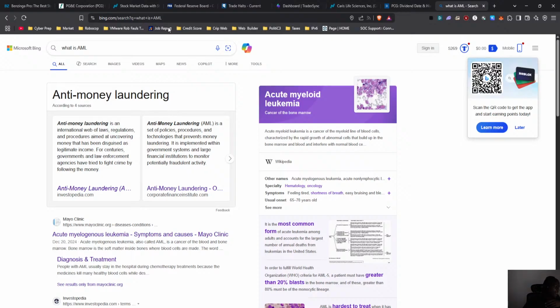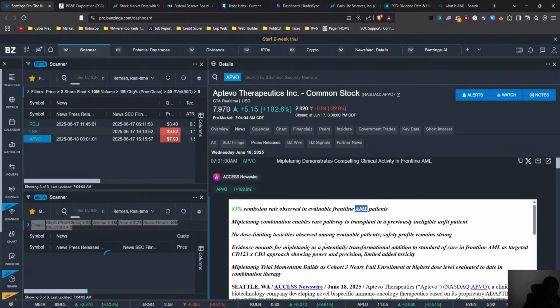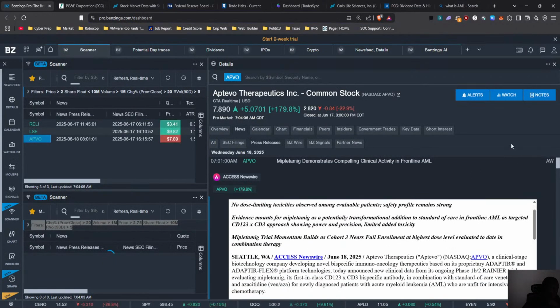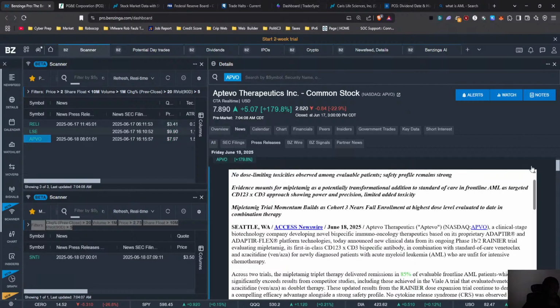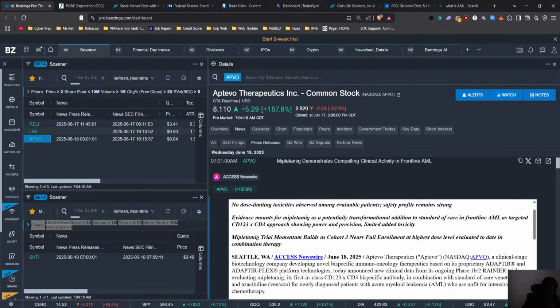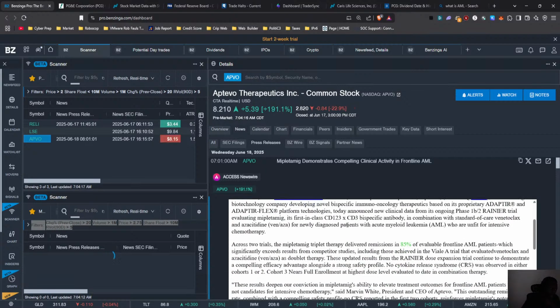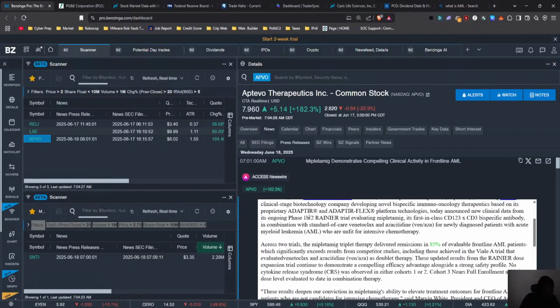What is AML disease? What would this be considered, a disease? Or let's see, maybe they'll spell it out down here. AML, no dose limiting toxicities. AML. Oh, here it is. Oh, this is acute myeloid. So this is one that's related to the other one we saw go up. Acute myeloid leukemia. Okay.